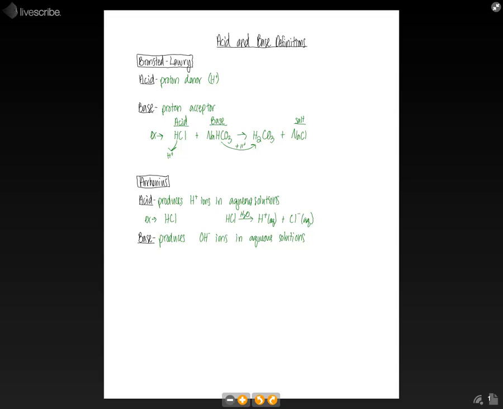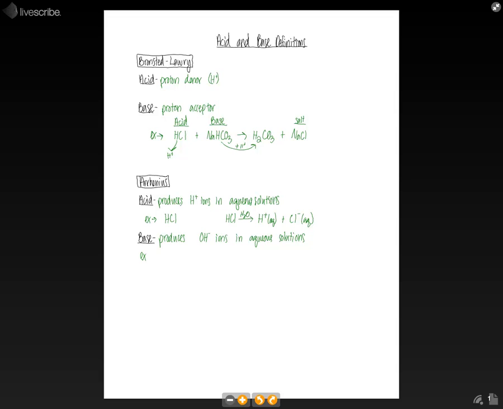And so if we look back up to our example from above, we said sodium bicarbonate was a base. But if we look at our equation, that base never produced any hydroxide ions. So while it's considered a base for Bronsted-Lowry, it's not considered a base under the Arrhenius definition.